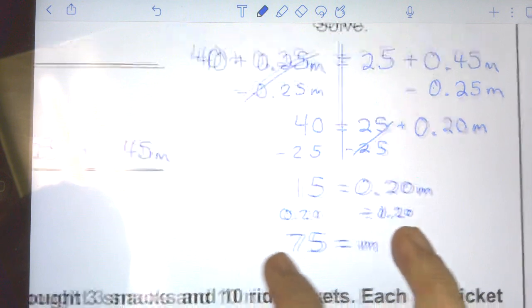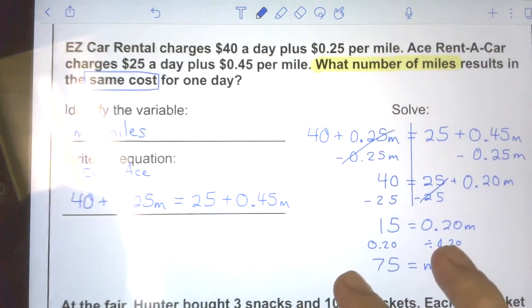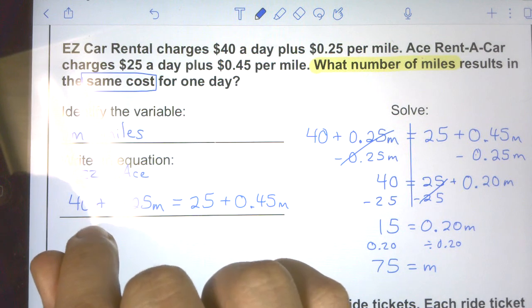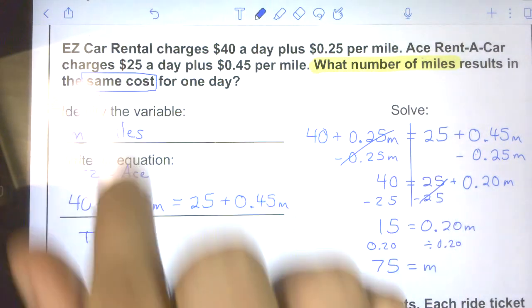Now what that means to the problem is that, and I'm just going to do a short little sentence here, the cost is what we're looking for to see what the same cost is.